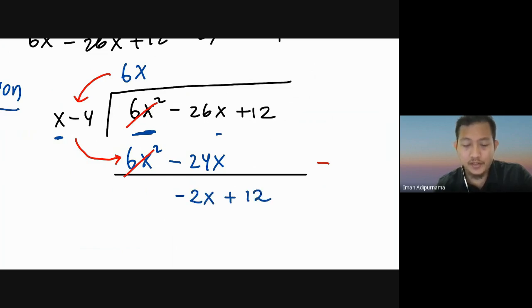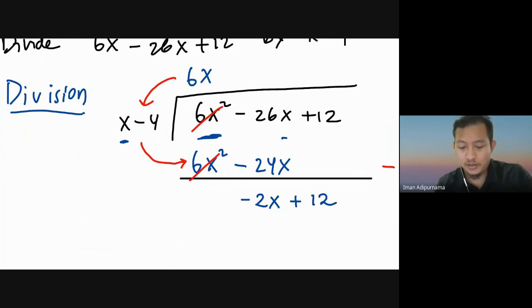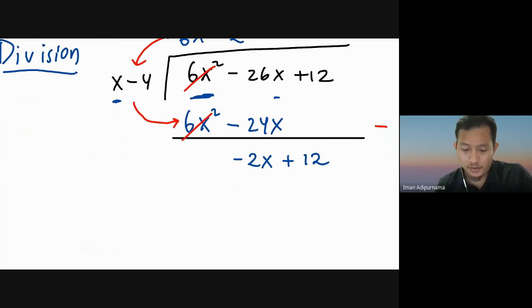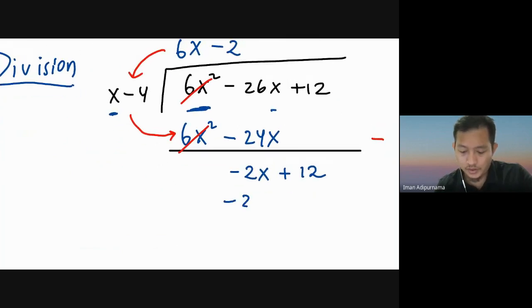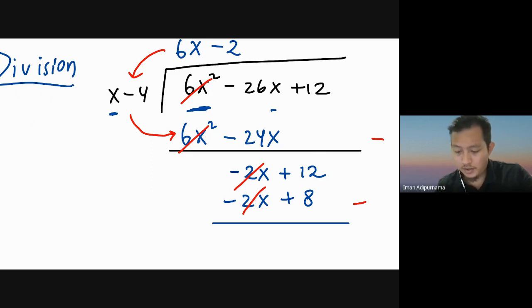Now we have the same degree, so we just multiply by a constant: we multiply by minus 2. So we have minus 2x plus 8, and then subtract. So 12 minus 8 is 4.